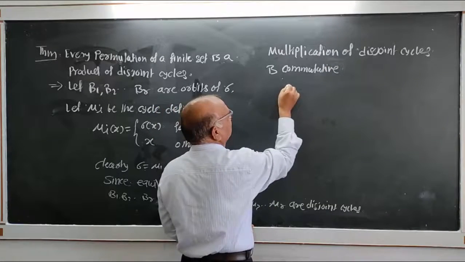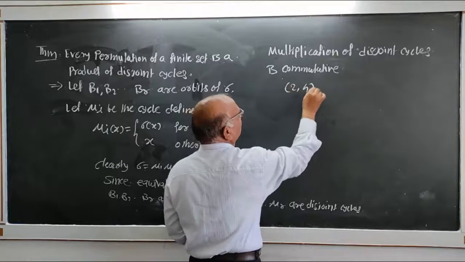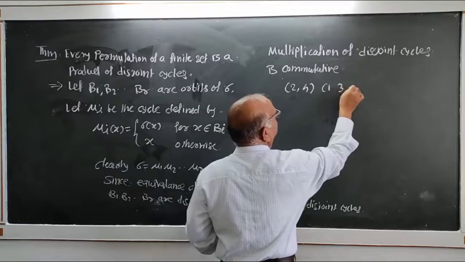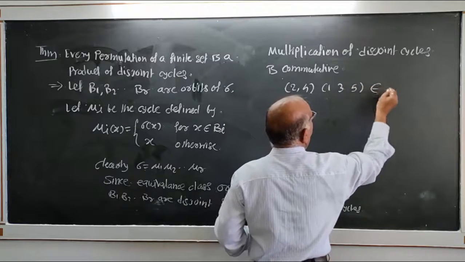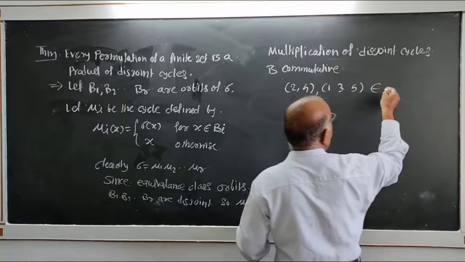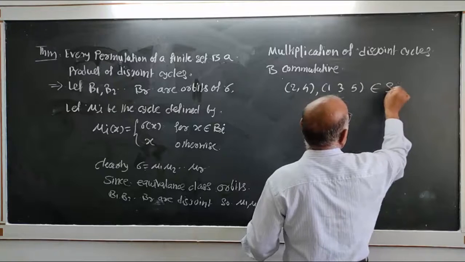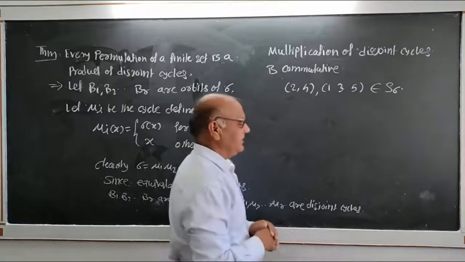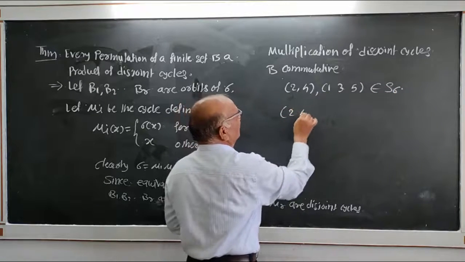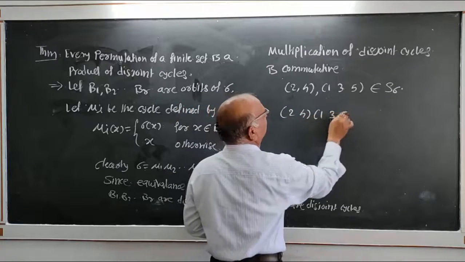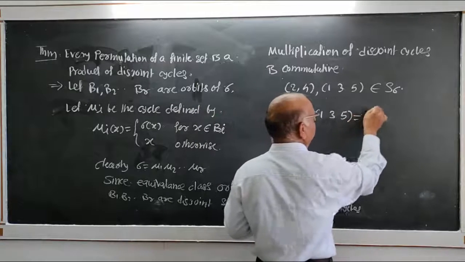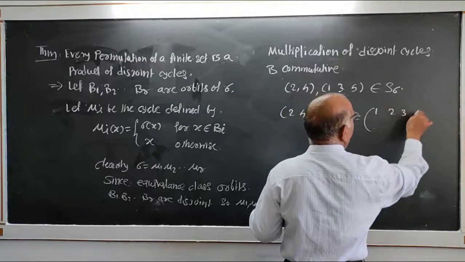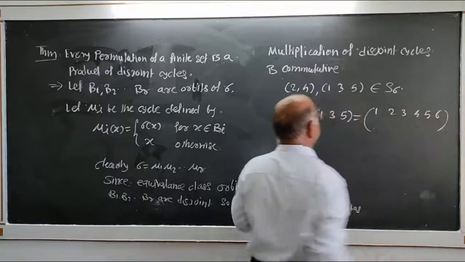Suppose we have the cycles (2 4) and (1 3 5), which belong to S6. Now see the product of cycles like this, on 1, 2, 3, 4, 5, 6.